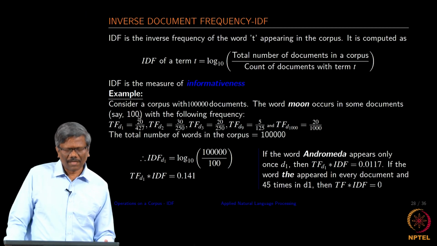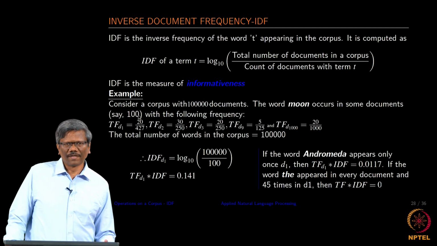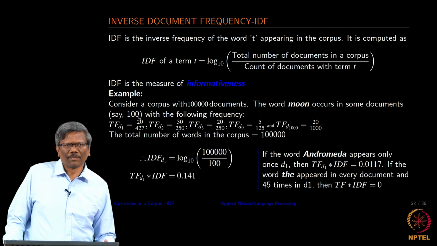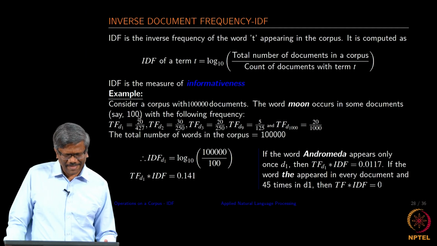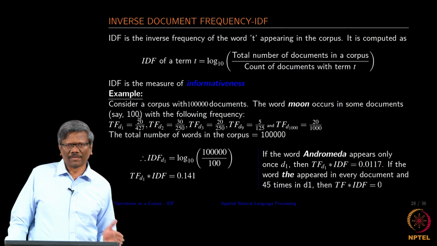If we consider a corpus with 1000 terms and we assume that there is a word moon that occurs in some documents, let us say in 100 documents, with the following frequency. In document 1 it appears about 20 times, and in document 1000 it appears about 20 times.